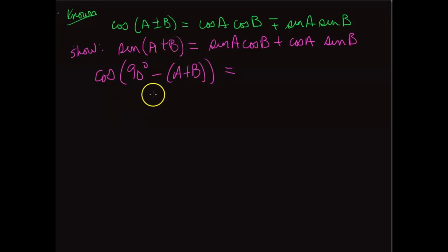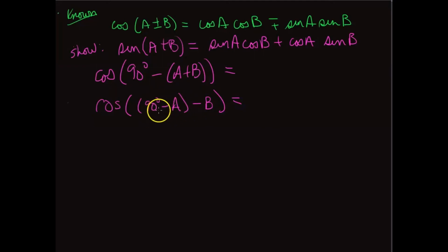I could rewrite this and group them with a, and notice this negative would also go to the b also. So this is negative a and negative b.